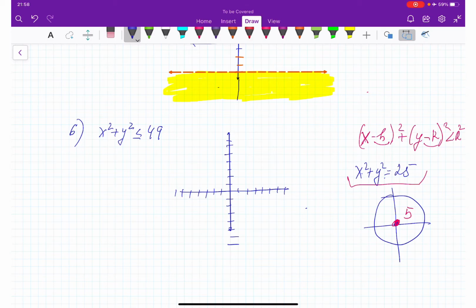I'm going to draw the circle, so wish me good luck. Definitely it's going to look like a circle. Oh, very nice. I made a mistake here by 1.